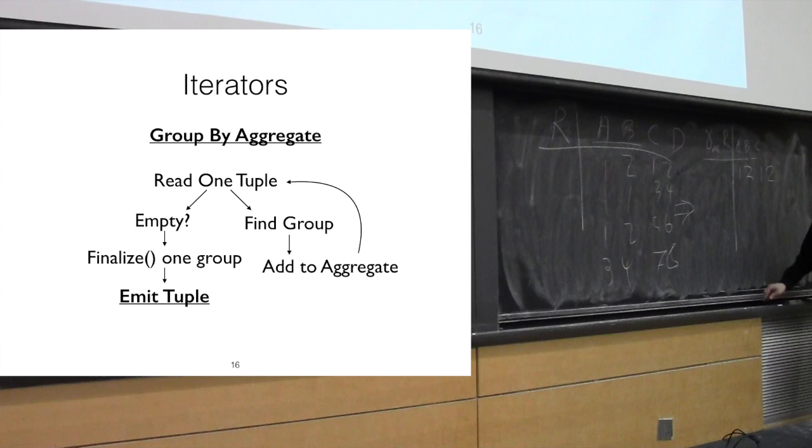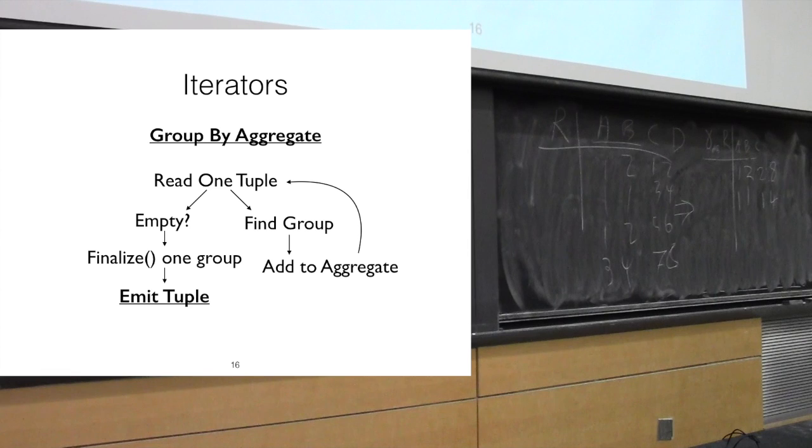Every time I encounter a new tuple, I see if I have that group already there. If I don't, I'll initialize it all to 0 and incorporate the tuple. 2, it's already there. And I just keep doing that.